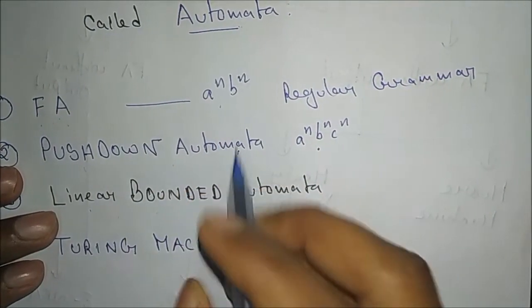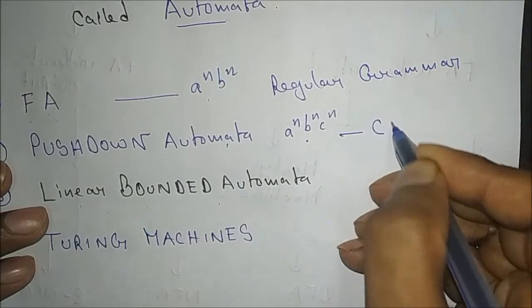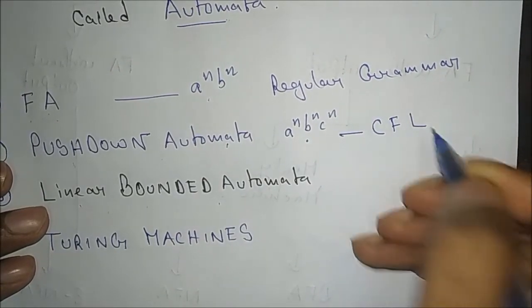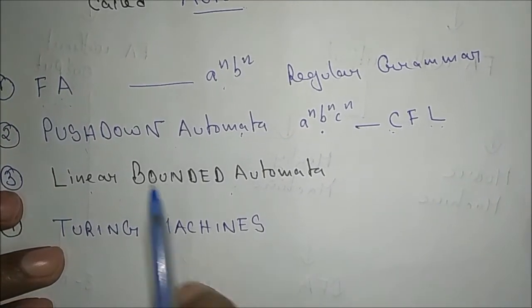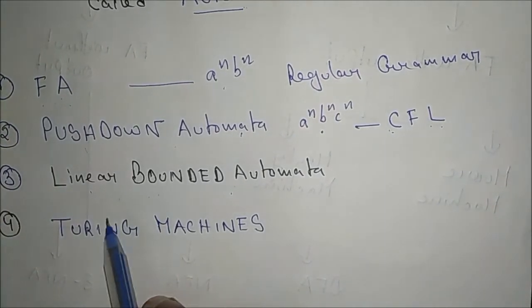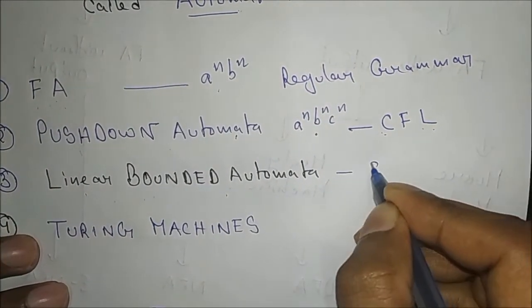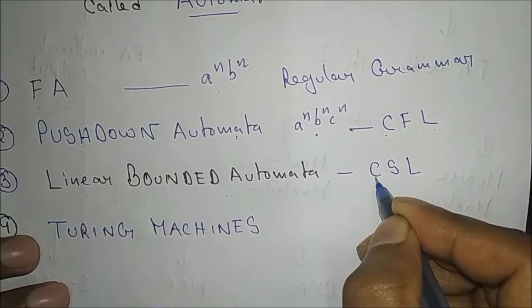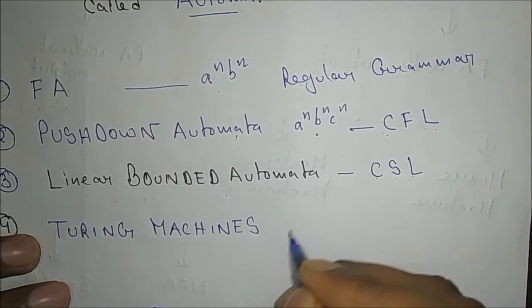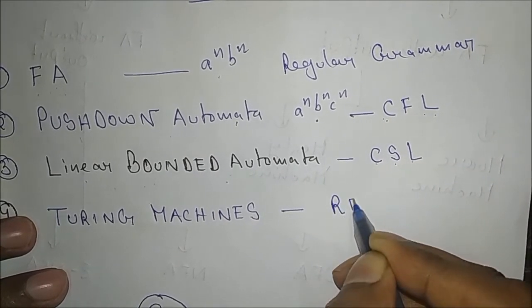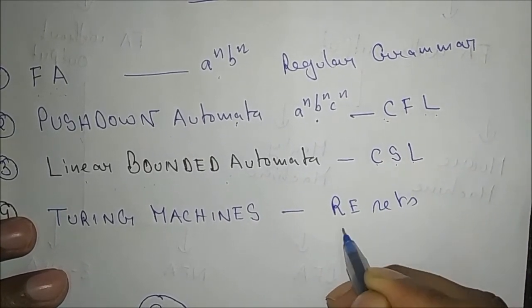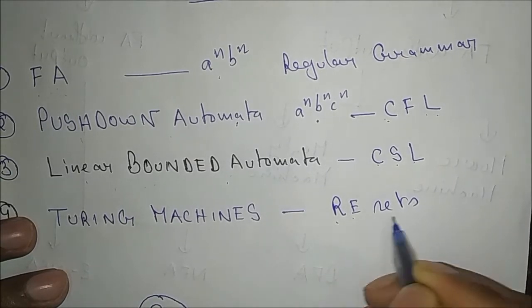Similarly, in push-down automata there is a grammar called context-free language. In linear bounded automata, the grammar is called context-sensitive language. In Turing machines, it deals with RE sets, that is recursively enumerable sets.